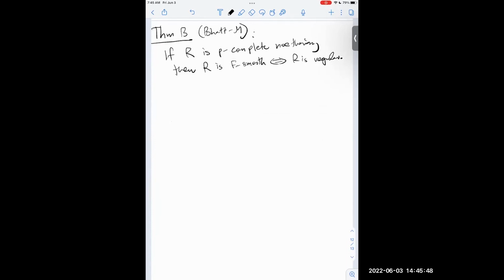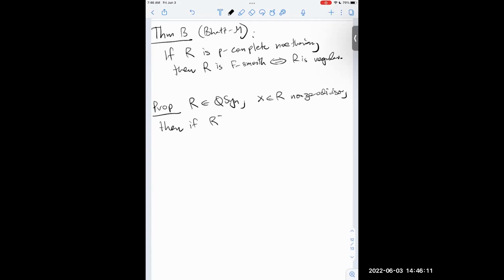So the way that we prove theorem B is to prove the following proposition. If R is in Syn and x in R is a non-zero divisor, then we have the following criterion for R to be F-smooth.